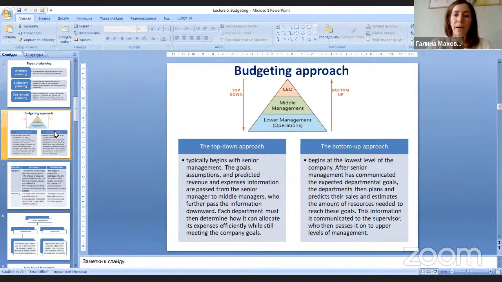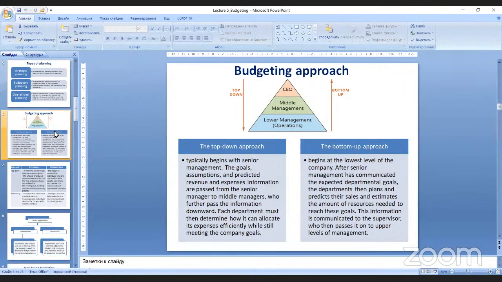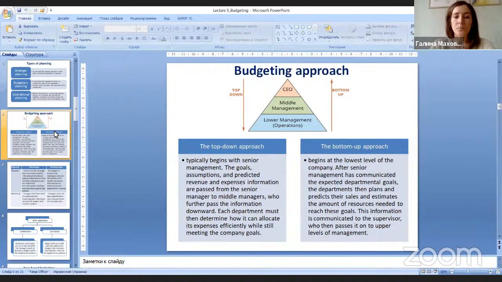They define goals of the company, some assumptions, and then they predict revenue and expenses of the company and give this information to the lower level. Then this information is passed down to the lowest department of the company. And in this case, each department should define their expenditures and how they will allocate these expenditures, but with the aim to meet the company's goals.